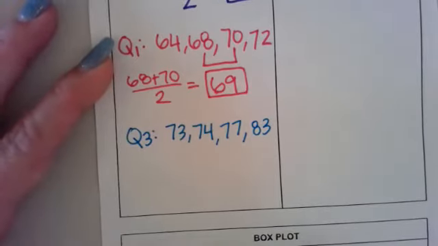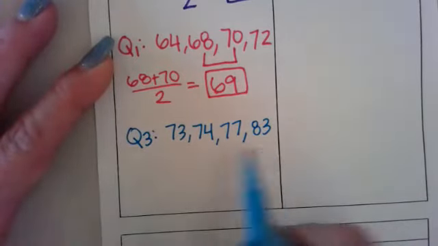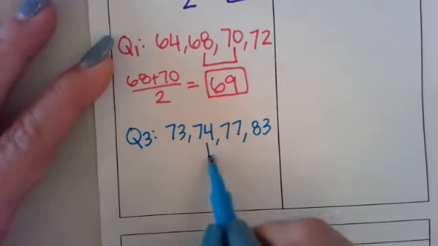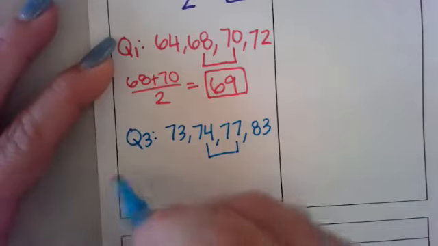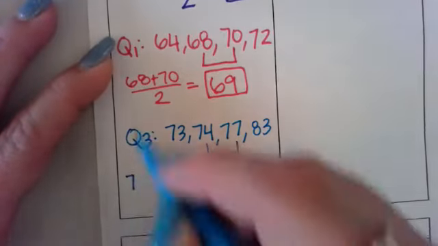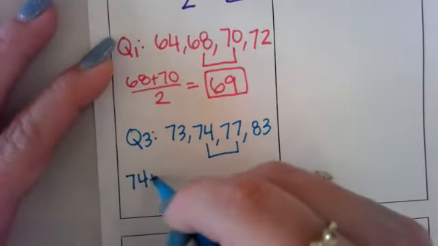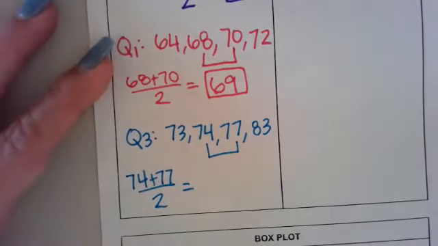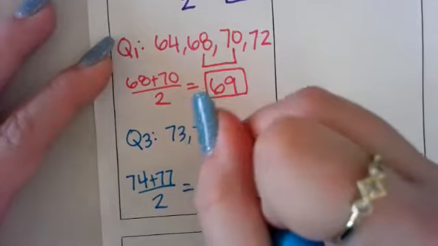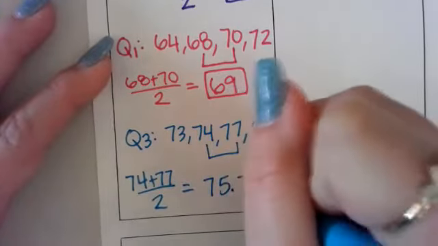What we're going to do is find the median of these values. So the median is going to be what's halfway in between 74 and 77. I can either add them and then divide by 2 to find the average, or think about on a number line what's halfway in between. And you should get 75.5.